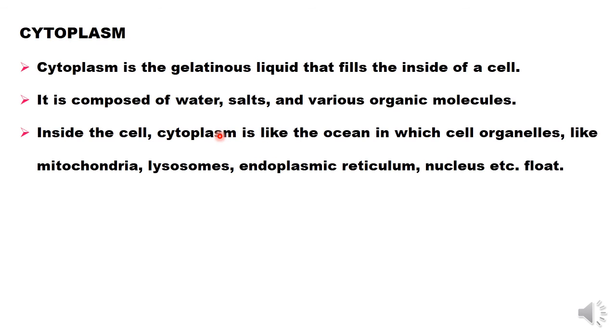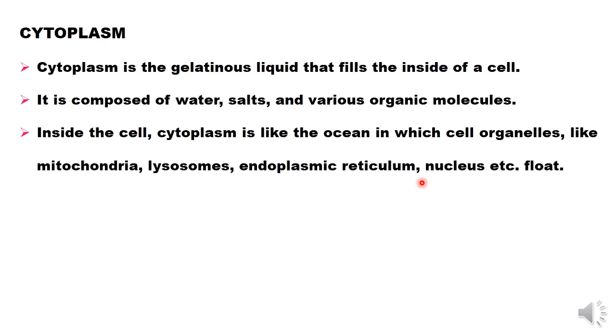So you can imagine that your cell is just like a water filled balloon, and in place of water there is cytoplasm, and in place of all the glittery materials, cell organelles like mitochondria, lysosomes, endoplasmic reticulum, nucleus, etc. are floating in that balloon. So cytoplasm is a very important fluid of the cell.